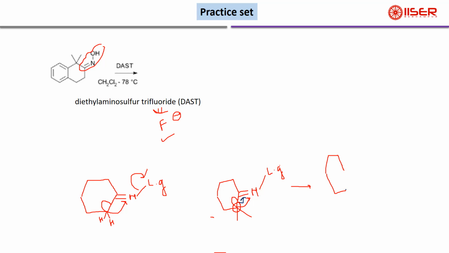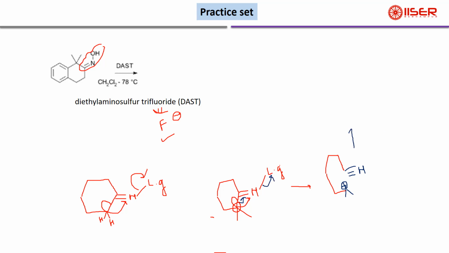It will generate a carbocationic center at this place and a triple bond here, and this also gets eliminated.